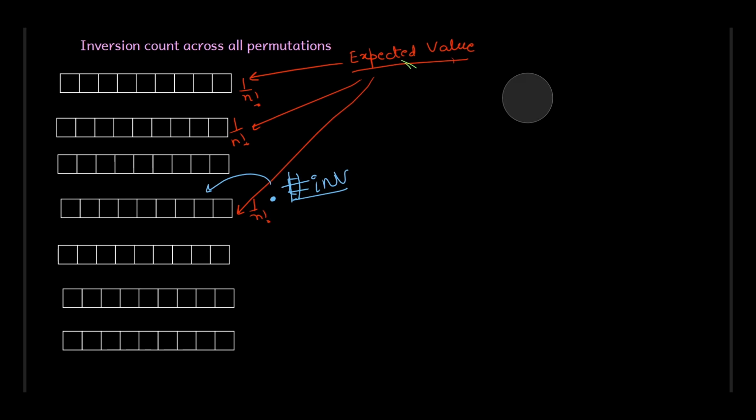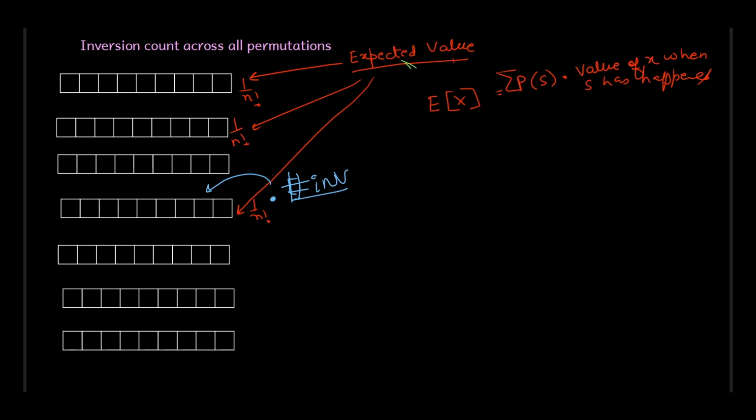So you can remember this formula. The expected value of x is equal to the probability of a scenario happening, and then the value of x when this scenario has happened, and then the summation of this.